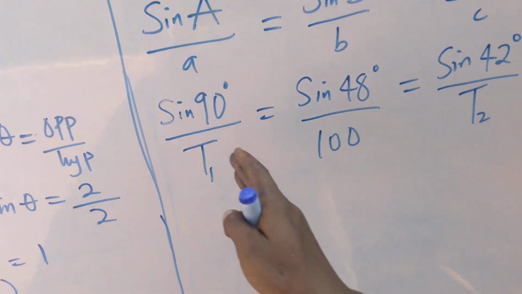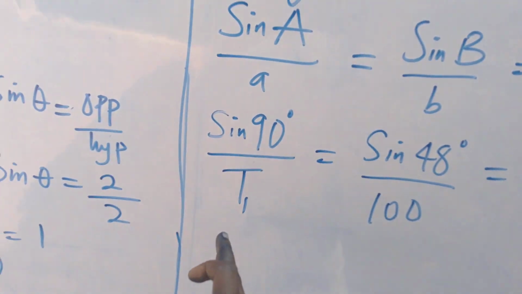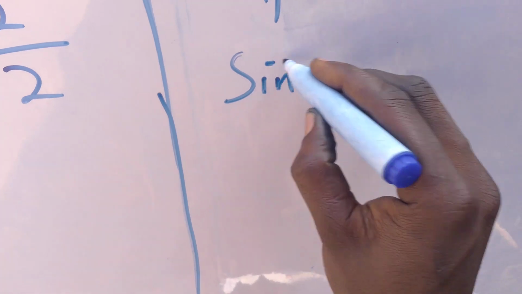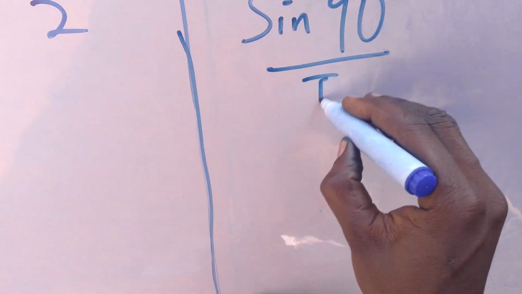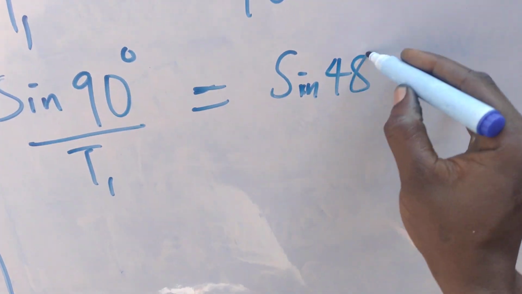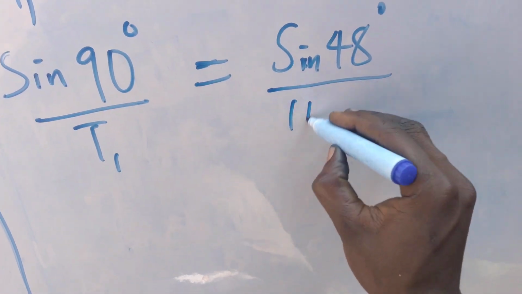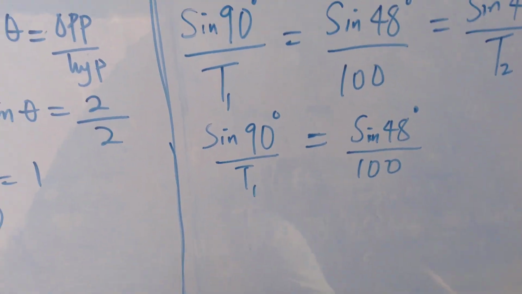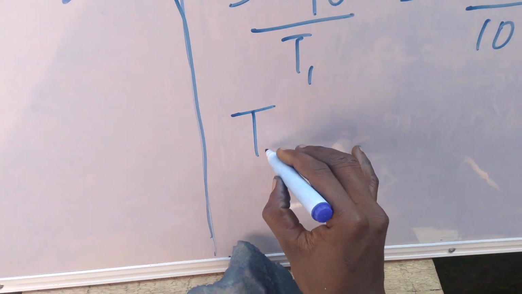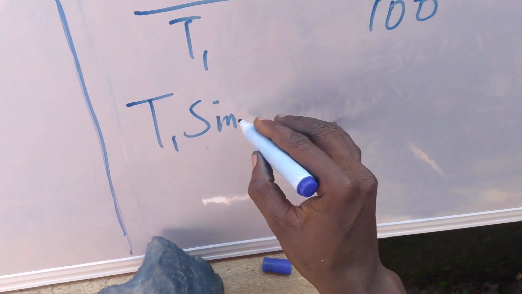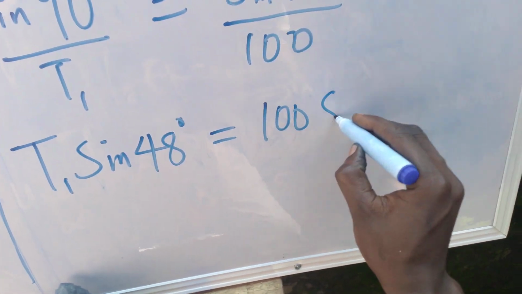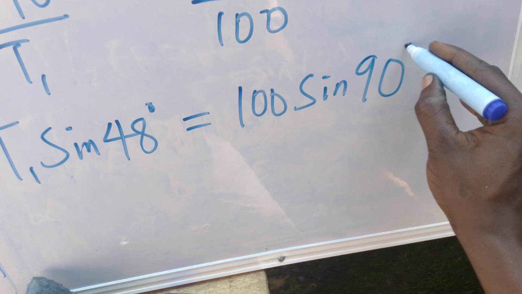Now compare the both of them, so I can get T1 and then T2. By comparison, I have sine 90 degrees over tension T1 equals sine 48 degrees over 100. Cross multiplying, T1 sine 48 degrees equals 100 sine 90 degrees.